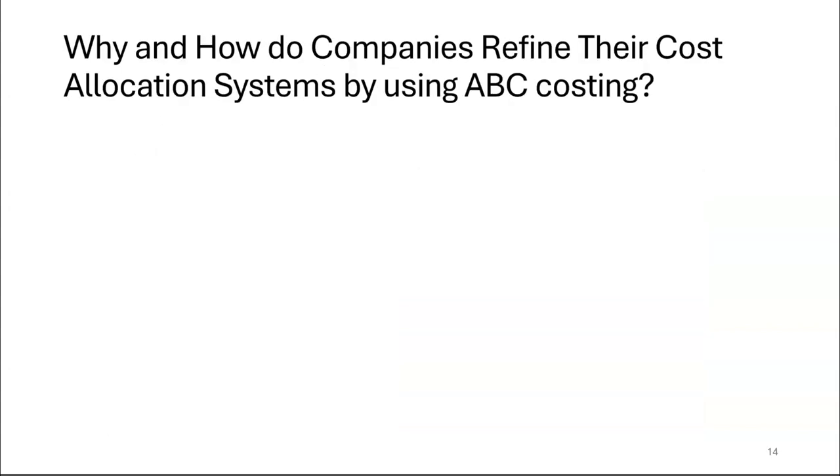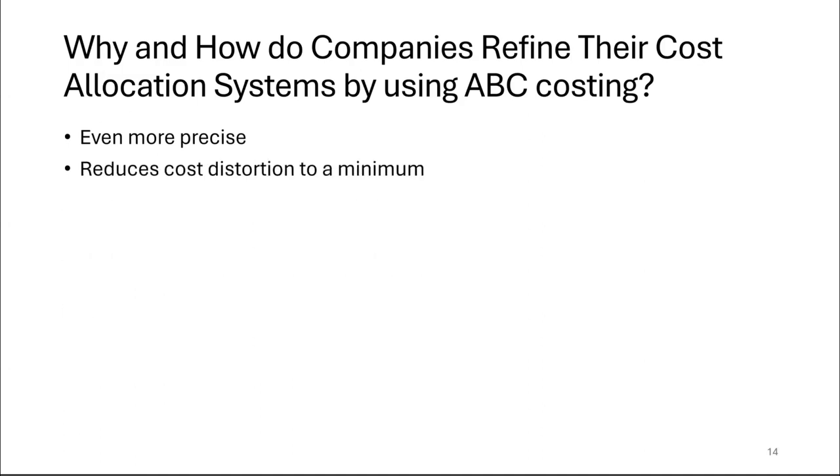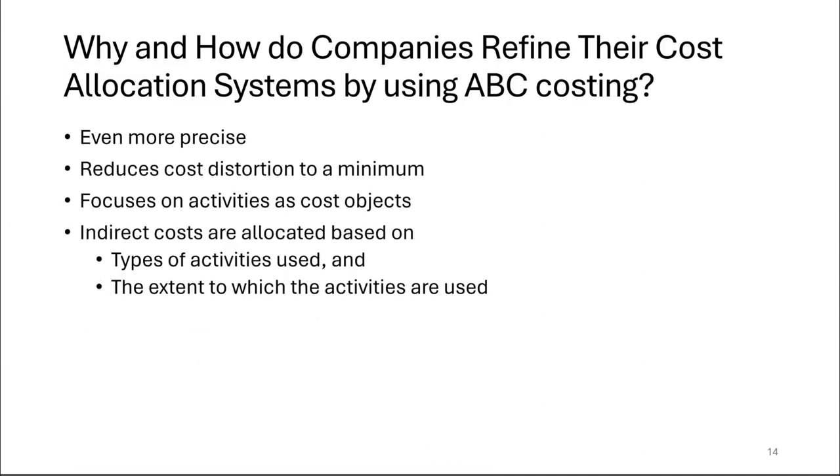So why and how do companies refine their costing? They use ABC costing. It is more precise. It reduces cost distortion to a minimum, focuses on activities as cost objectives. Indirect costs are allocated based on types of activities and to the extent to which these activities are used.